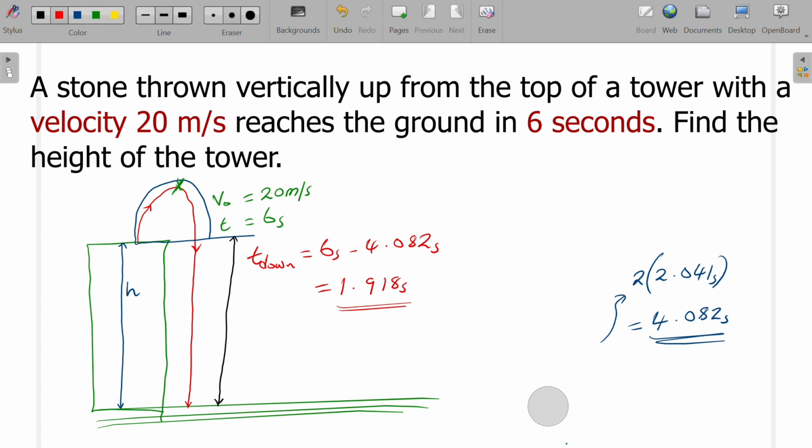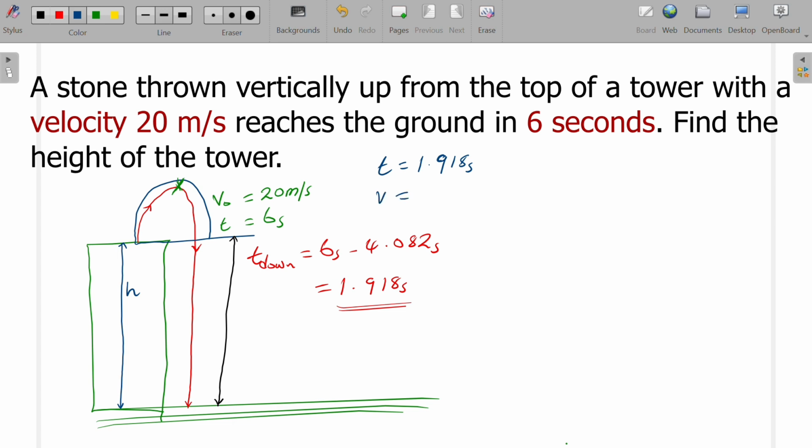Now we have our new information. So all we have to do is collect that new information properly. Our new time is equal to 1.918 seconds. Our initial velocity is still 20 meters per second.